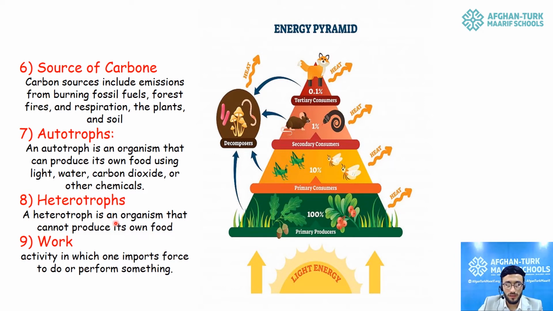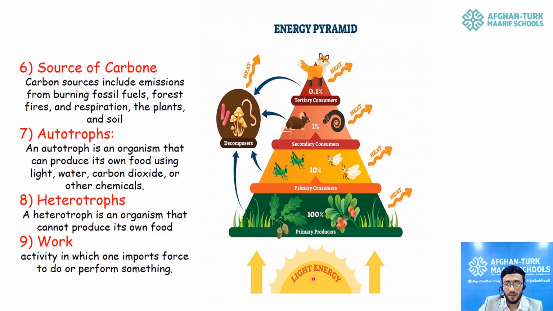So we can divide it into autotrophs and heterotrophs. Autotrophs are organisms that can produce their own feeding materials. At the first base, you see the plants. Plants are able to produce food using energy from sunlight.